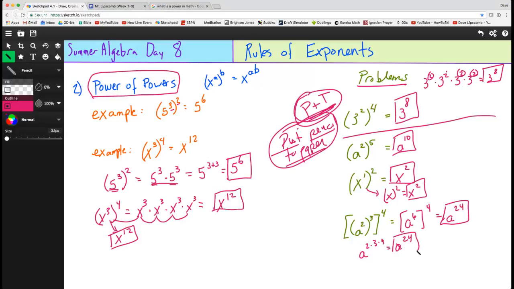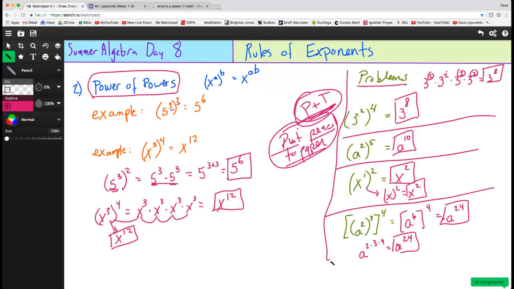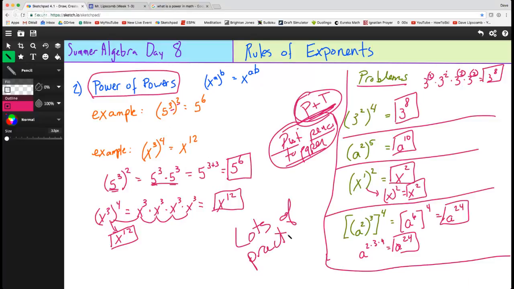So either way. And so that's rule number 2, the power of power rule. You need lots of practice with powers. Lots.